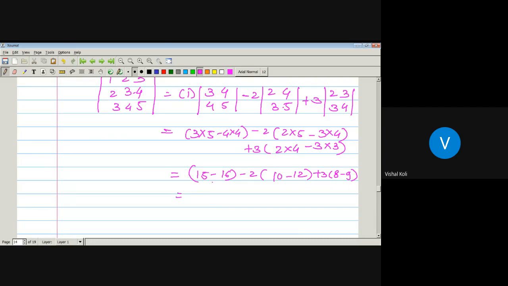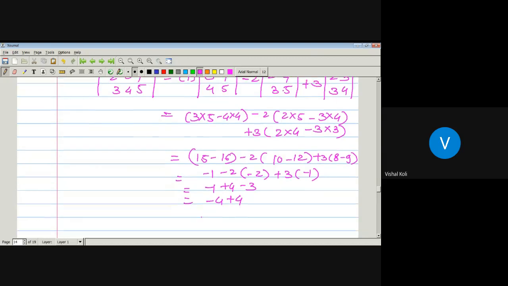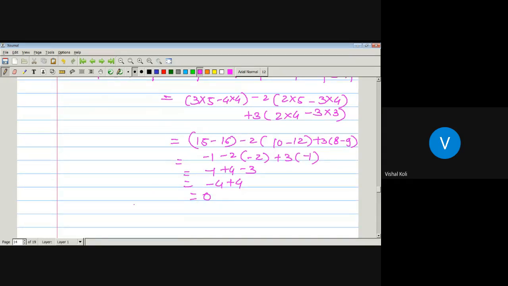So which is equal to 15 minus 16, minus 1, minus 2 into 10 minus 12, which is minus 2, plus 3 into 8 minus 9, minus 1, which is equal to minus 1, minus 2 into minus 2, plus 4, 3 into minus 1, minus 3, which is equal to minus 1 minus 3, minus 4, plus 4, minus 4 plus 4, which is equal to 0. Okay, so the value of the given determinant 1, 2, 3, 2, 3, 4 and 3, 4, 5 is equal to 0.